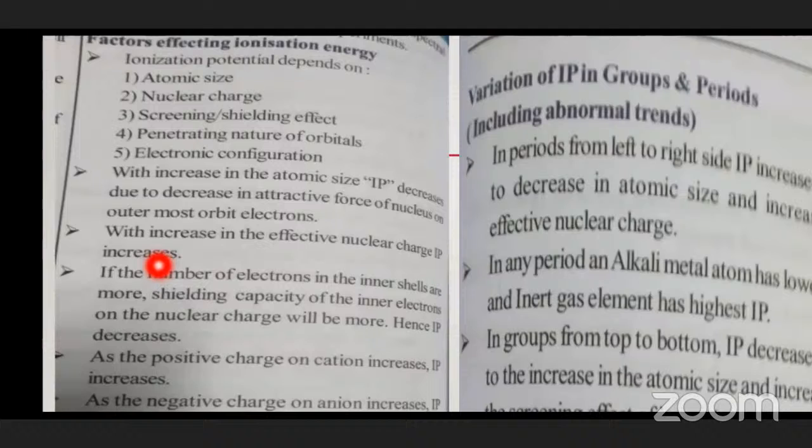Because of the abundance of positive charge, the electrons in the shells are more and more attracted and pulled by the nucleus. So removing the electrons in the valency shell becomes very difficult. So where nuclear charge increases, ionization potential also increases.